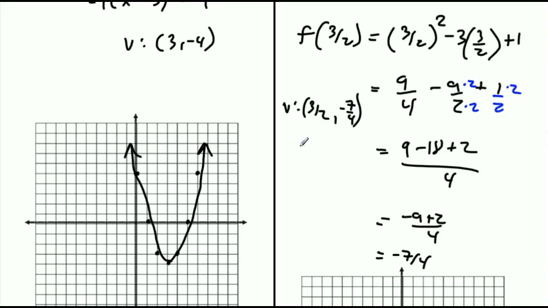So you could rewrite it like that, put 1.5, and then that's going to be negative 1 and 3 fourths. I should probably write this as a mixed number as well. That would probably be kind of helpful there. So 1 and 1/2. So that may be a little more helpful when you graph it.